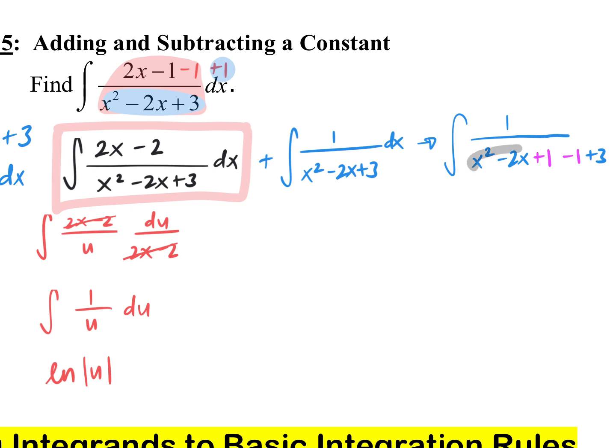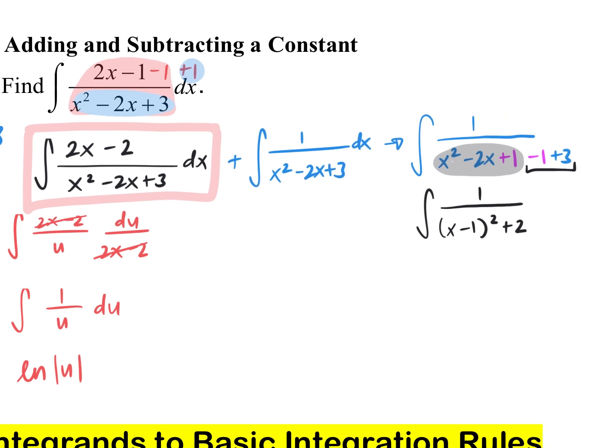Okay, so I'm completing the square for my second integral there. So now these first 3 things we can factor, and it's going to become 1 over x minus 1 squared, and then negative 1 plus 3. What's that going to give me? 2. Yeah, so plus 2 on the outside of that factor.